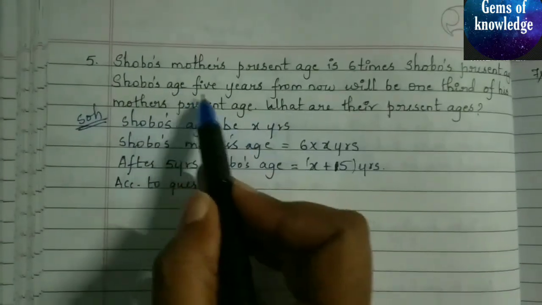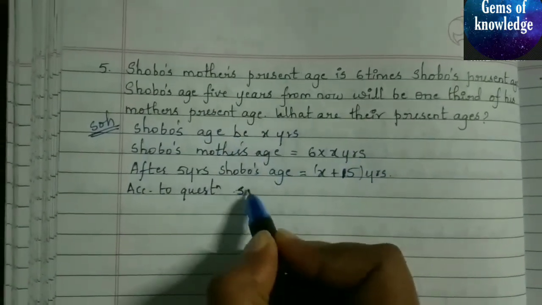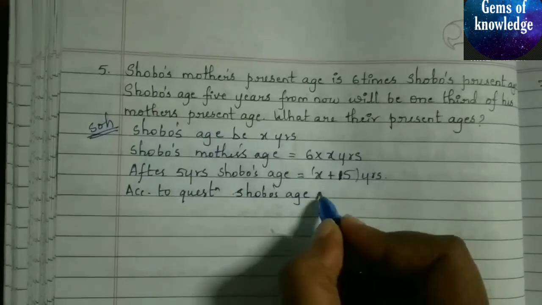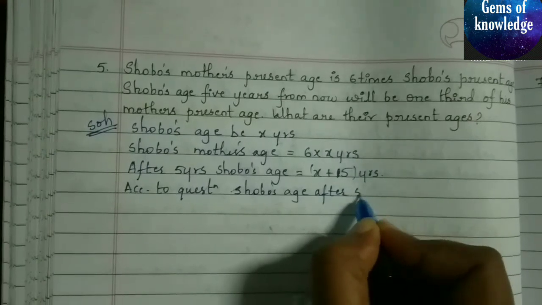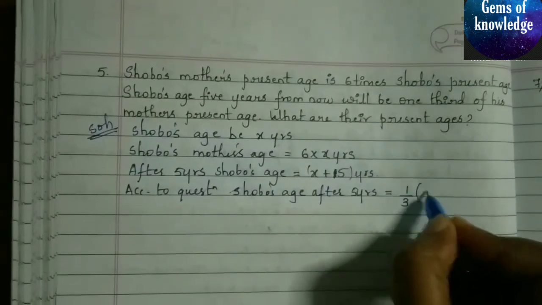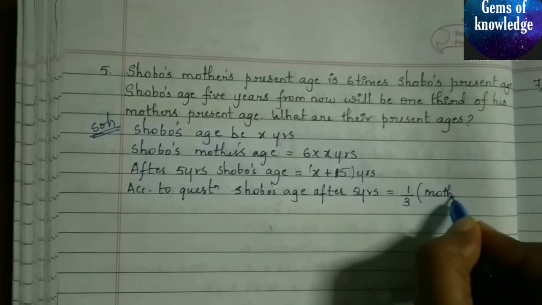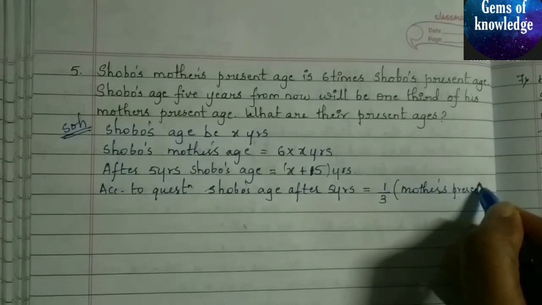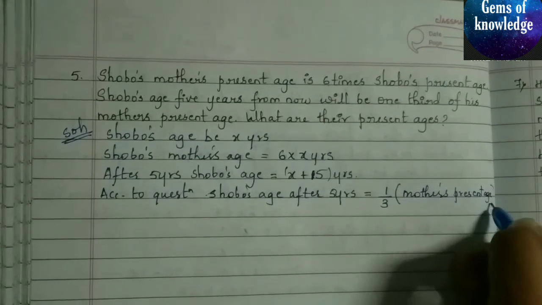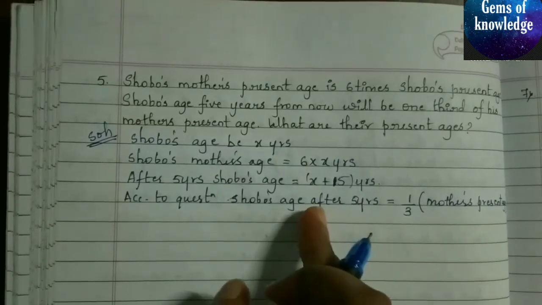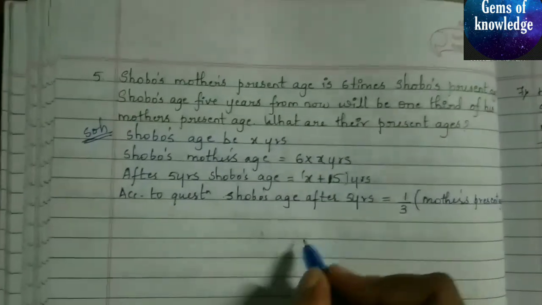So Shobhu's age after 5 years is equal to 1/3 of his mother's present age. Shobhu's age after 5 years is x plus 5.